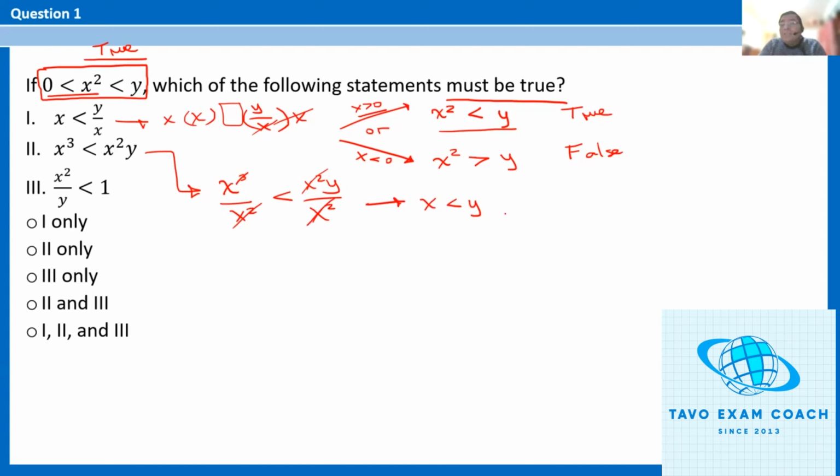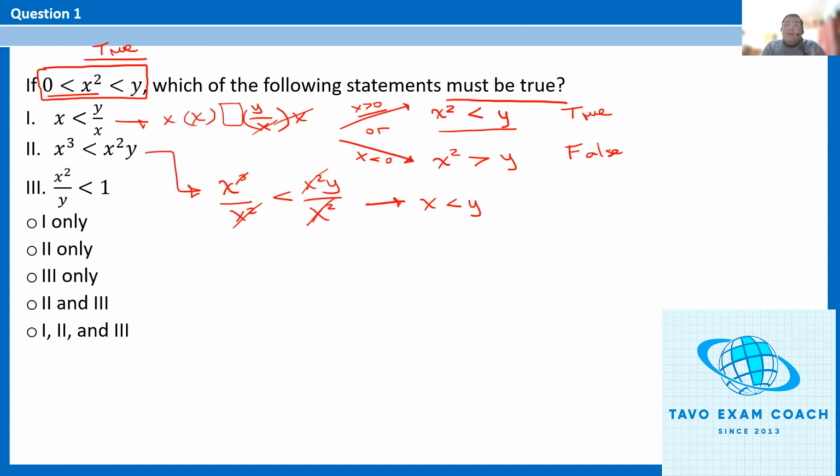Now we need to assess whether x is less than y is always true whenever x squared is less than y. What would I need to know that would guarantee that x has to be less than y?